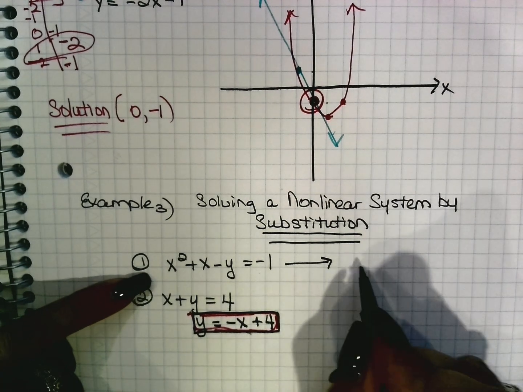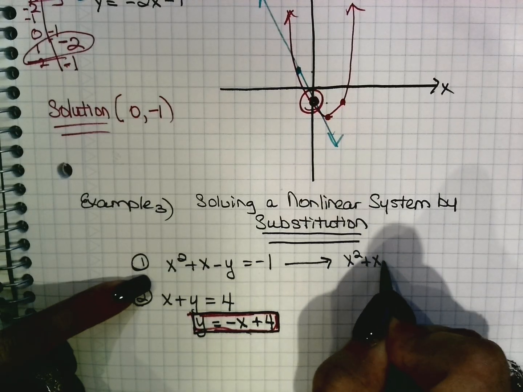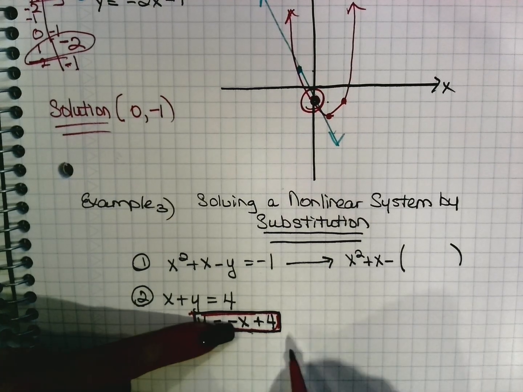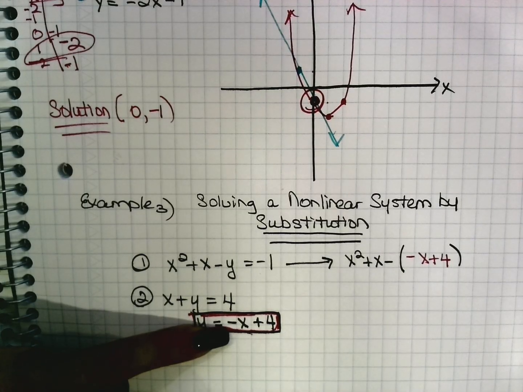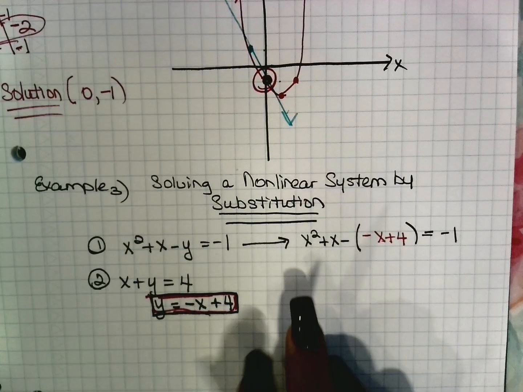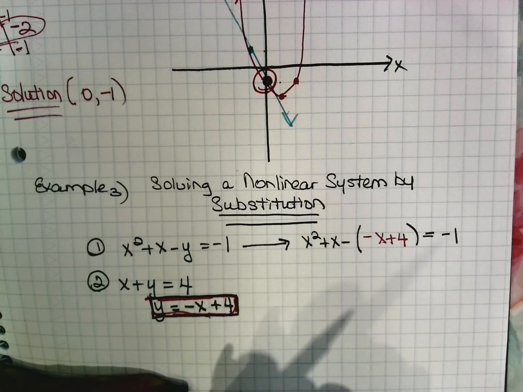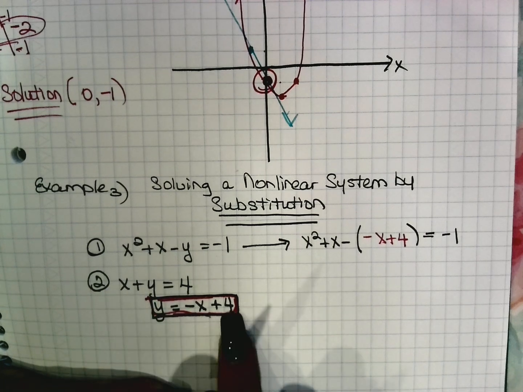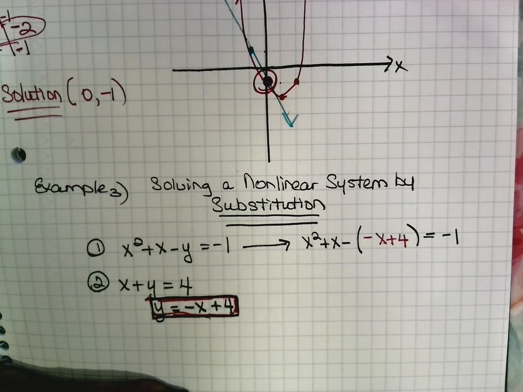All right, so we have x squared plus x minus, now the y I'm going to put in parentheses, and that is -x plus 4 equals, and then just finishing that off. So all I did is I substituted -x plus 4 for y in the first one. But the way I got this was to solve equation number 2 for y equals. All right, and now we just simplify and solve.